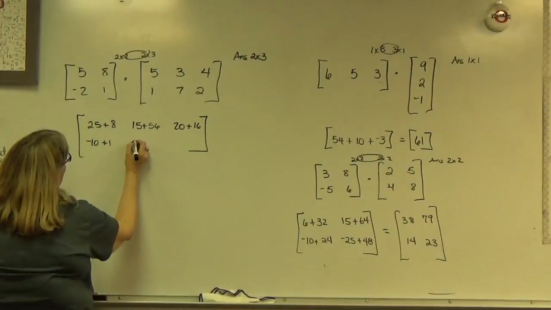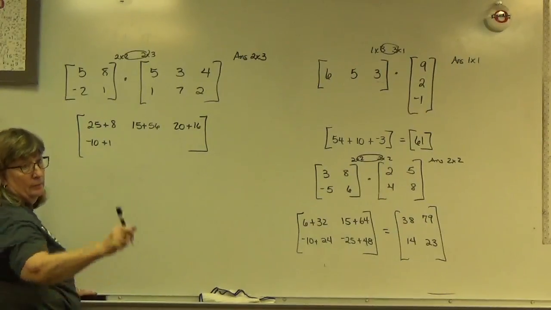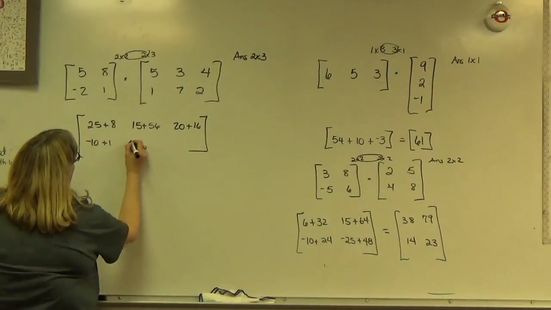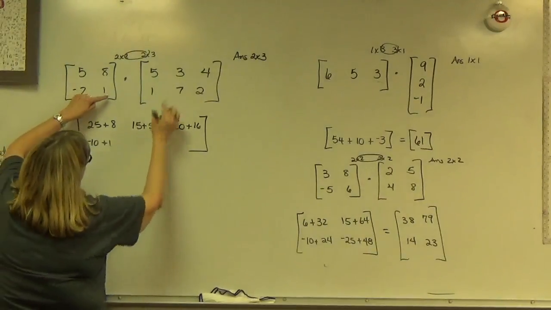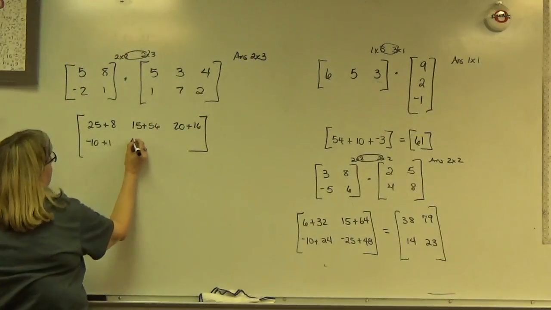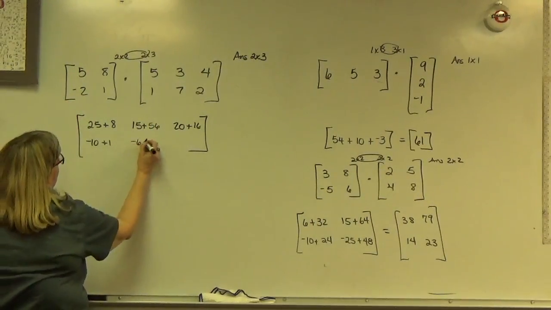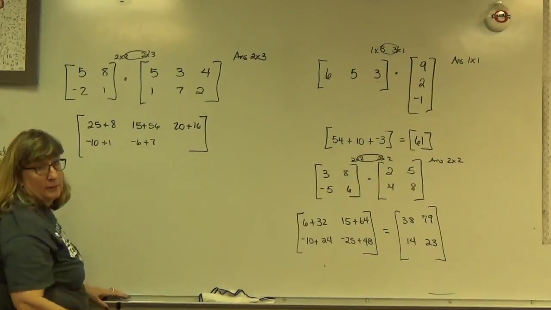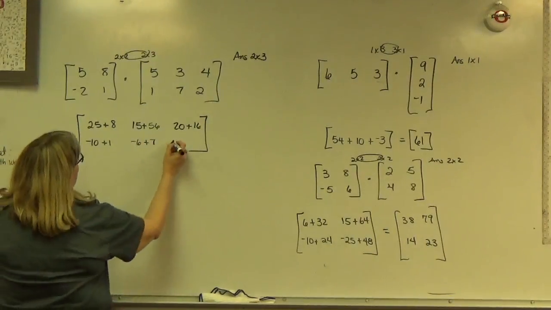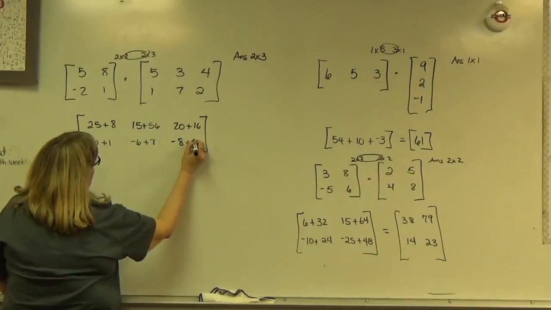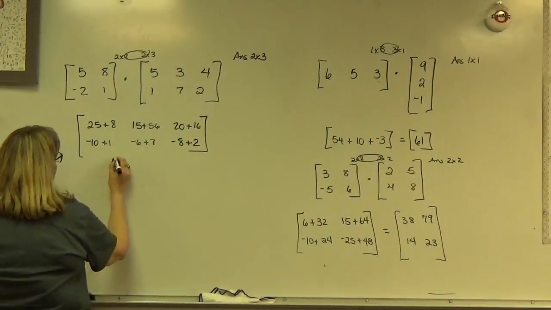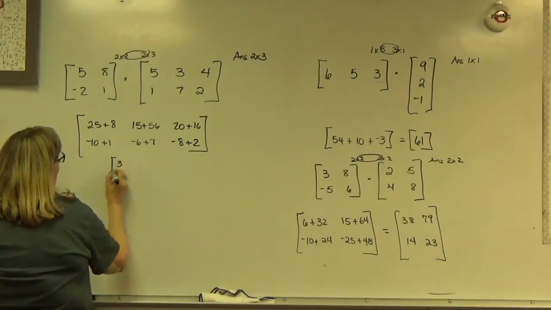Next. You got second row, second column. Negative 6 plus 7. And last but not least, Carissa, what do you get? Negative 8 plus 2. Okay, adding them together, 31, what about 33?